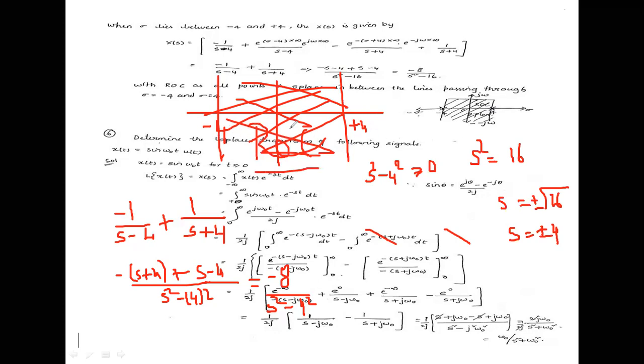Only in between these values of minus 4 to 4 does the Laplace transformation exist. For the remaining values, it does not exist; it is not bounded. It is bounded only in between minus 4 and 4. The ROC is s equal to plus or minus 4.